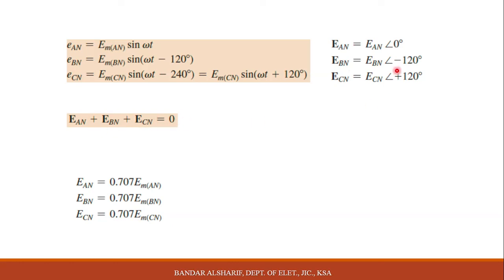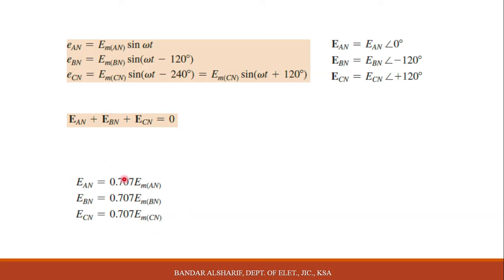I don't mean the magnitude. You will add the phasor form, the magnitude with the angle, the magnitude with the angle, the magnitude with the angle. You will try any example later. You will find the summation of the three phases is 0. Don't forget about peak value and RMS.